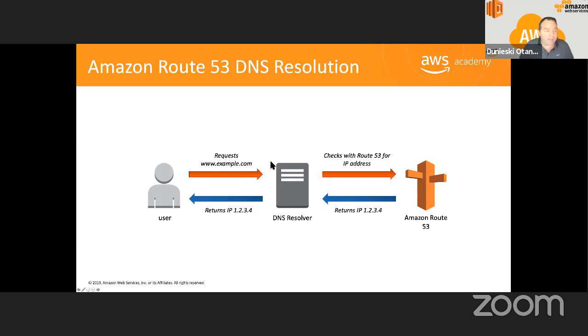For example, example.com is typed in your URL. It goes to a DNS resolver right here. What it does is check your domain in Route 53, and the DNS gets the IP address there. The IP is 1.2.3.4, and it returns it to the user, right?